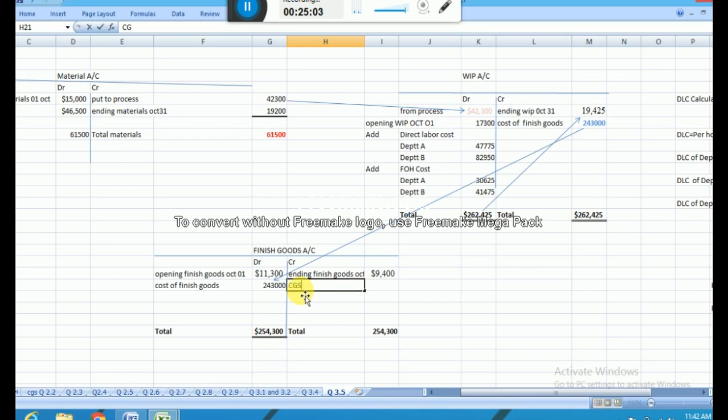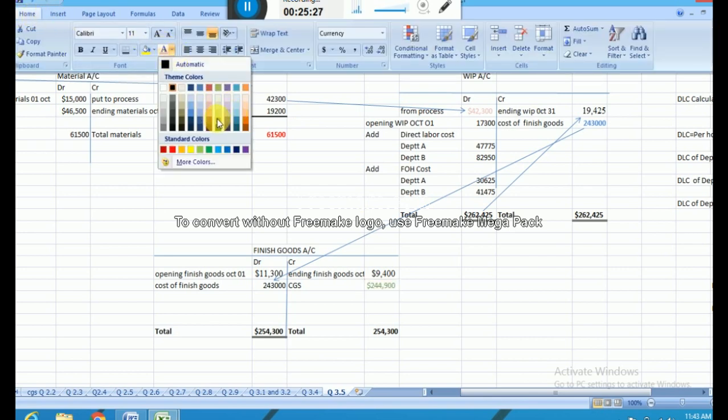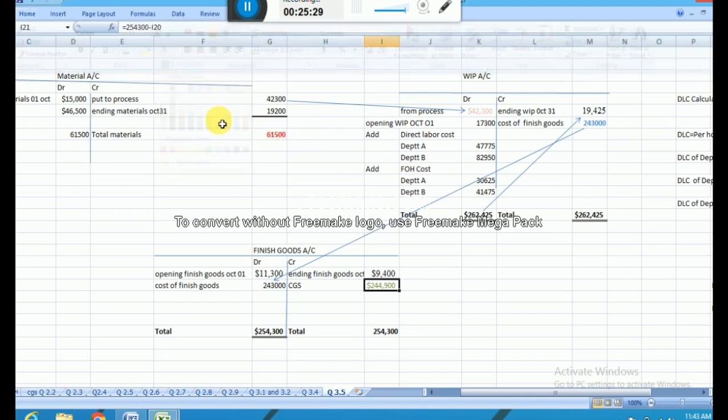So cost of goods sold, COGS, is equal to 2,54,300 total finished goods minus the 9,400 we still have. So the 2,44,900 finished goods we sold.